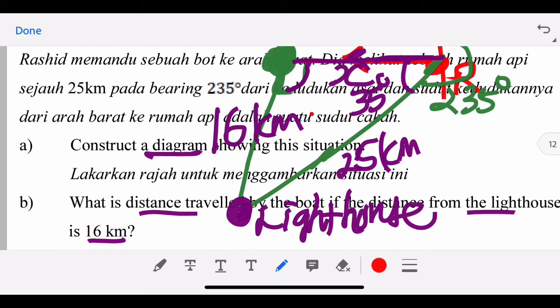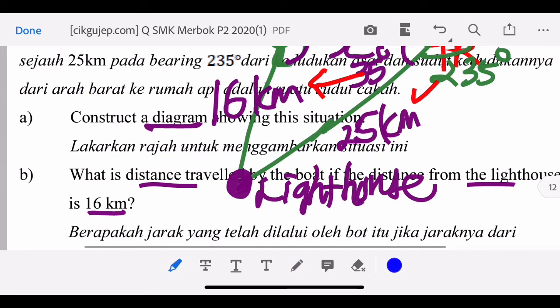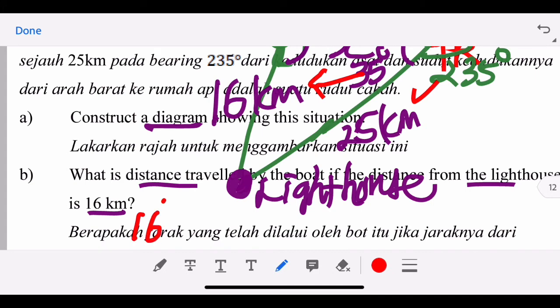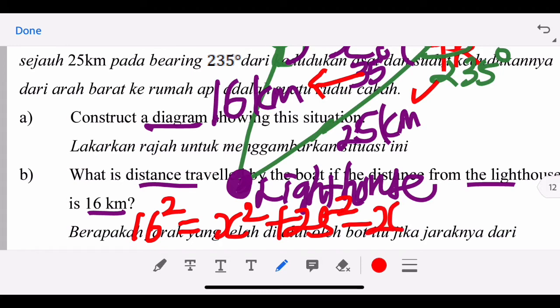We have the two sides here. So let's write down the cosine rule. 16 squared equals x squared plus 25 squared minus 2 times x times 25 cos 35, right?